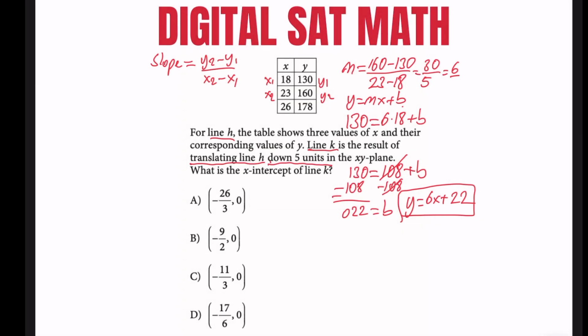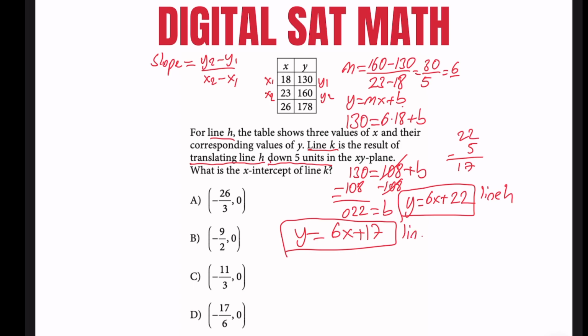If you are bringing it down 5 units in an equation, you will need to take away from the y-intercept, which is b, the one we just found. So technically, this becomes 6x plus, instead of 22, let me do that calculation here to show you. Take away 5 from it, you would end up with 17. This is line H again. This is the equation for line K.